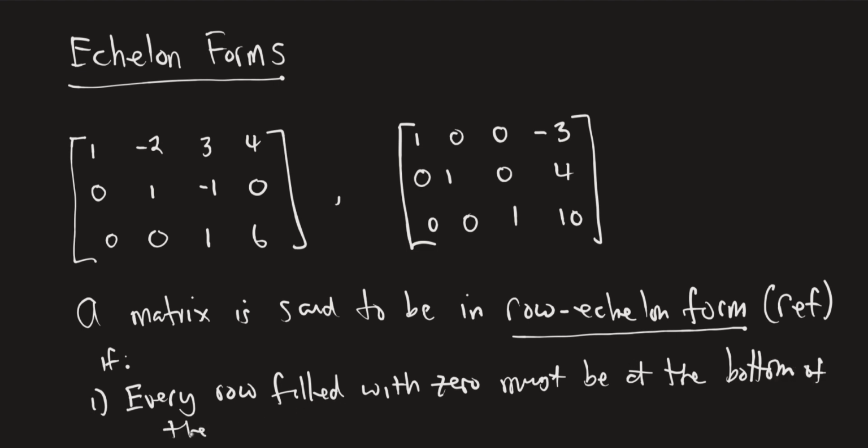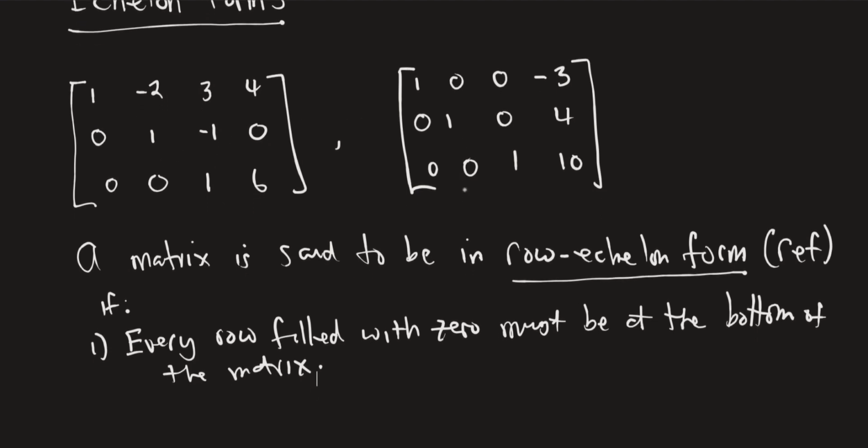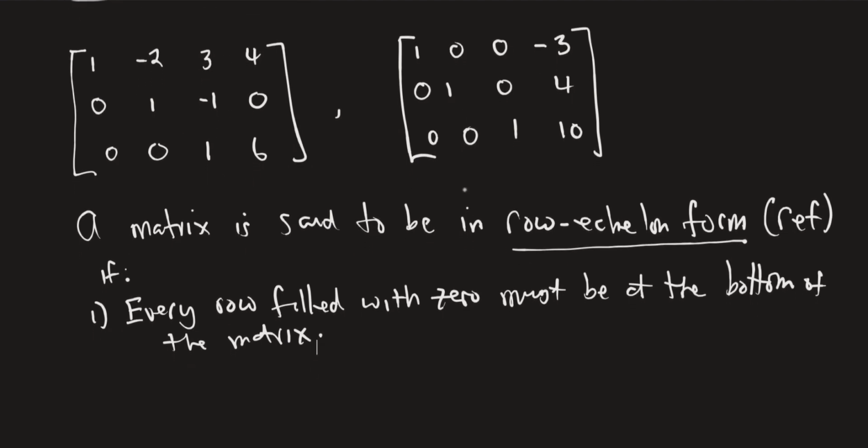So that row or those rows have to be the last rows going from top to bottom of the matrix. After I've given you the definitions, we will look at some other examples that extend the properties I was just highlighting. So that's the first property, and there are three of them for row echelon forms.